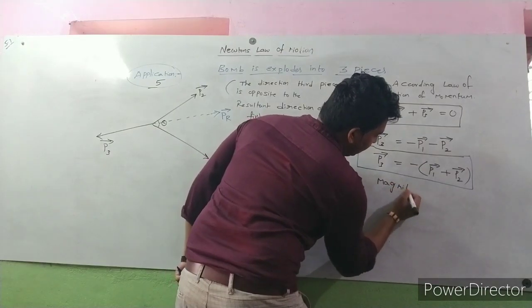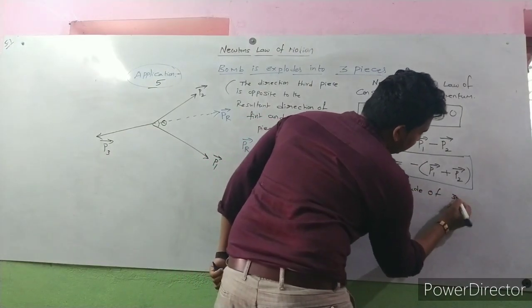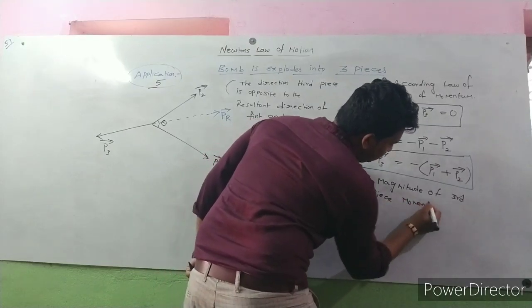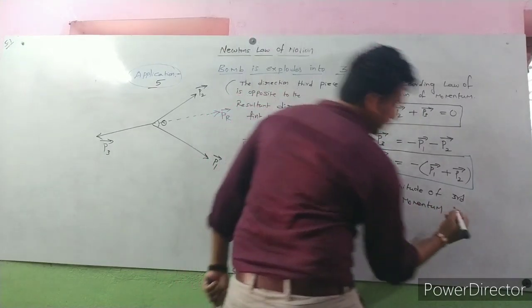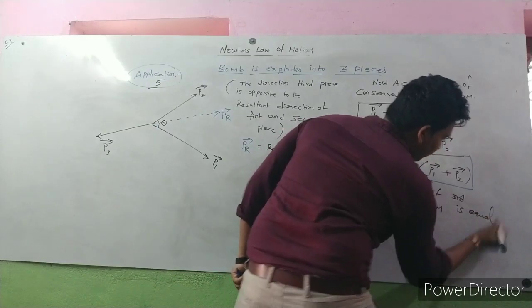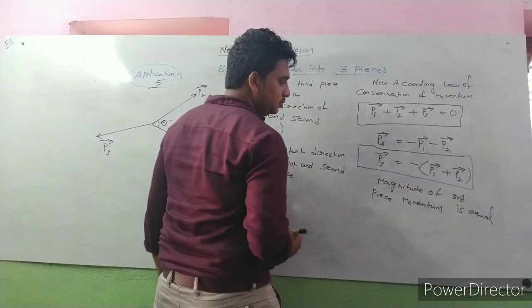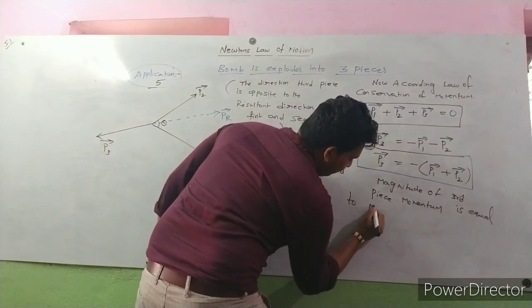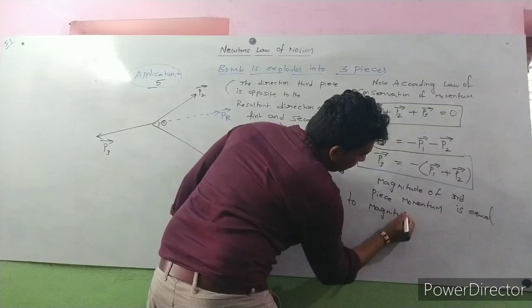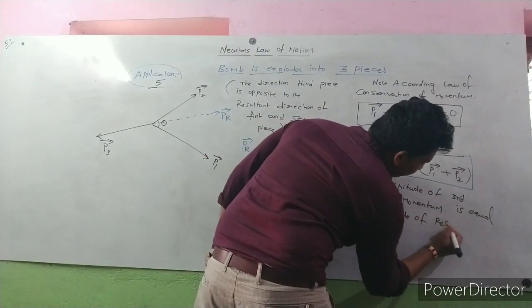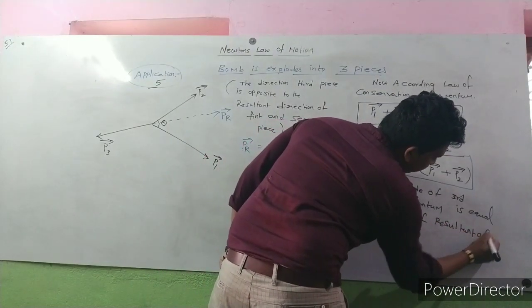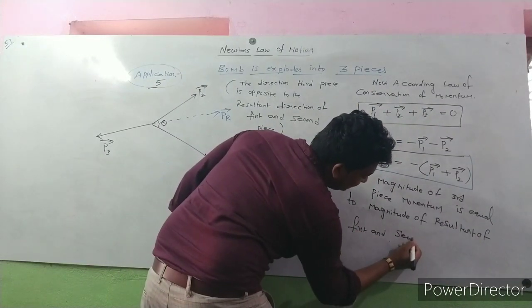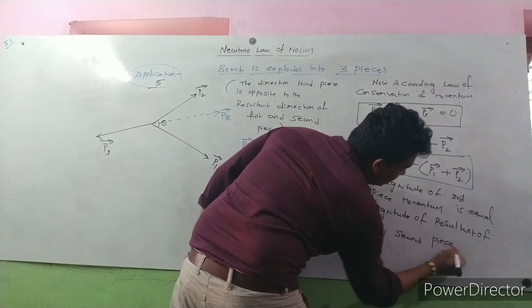The magnitude of the third piece momentum is equal to the magnitude of the resultant of the first and second piece momentum.